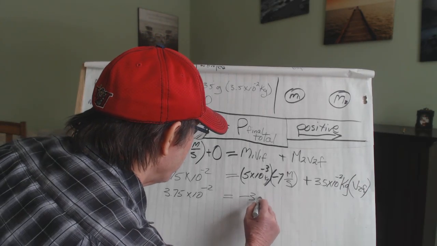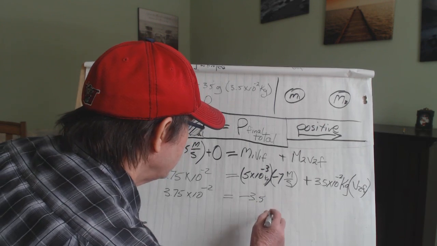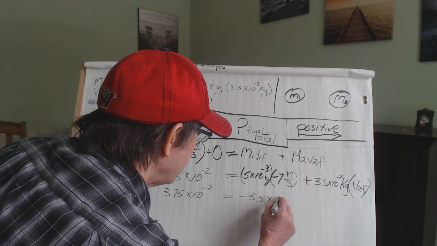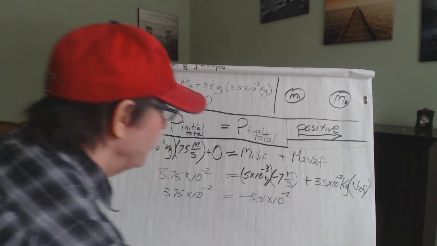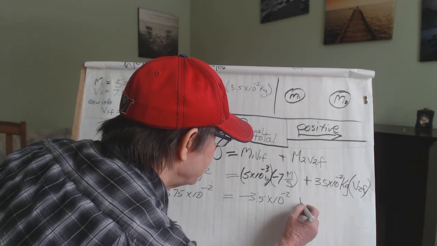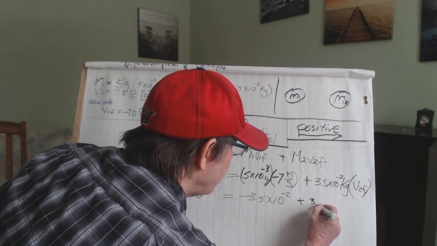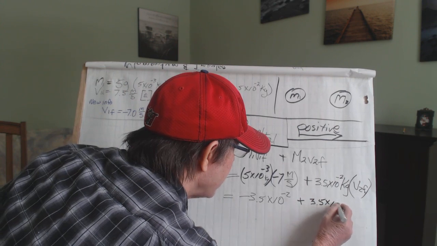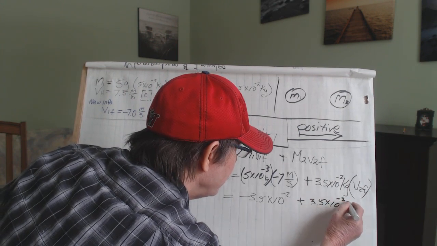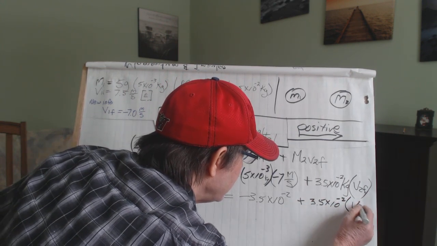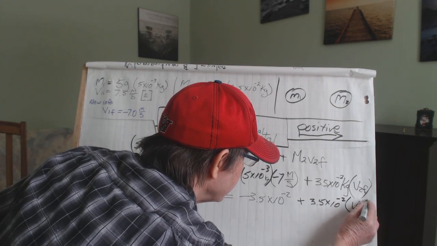negative 3.5 times 10 to the minus 2 plus 3.5 times 10 to the minus 2 v2f.